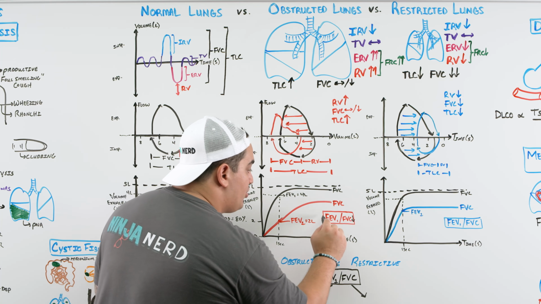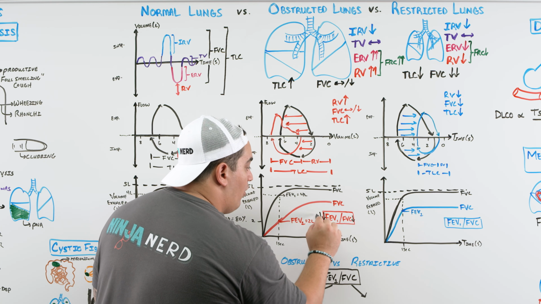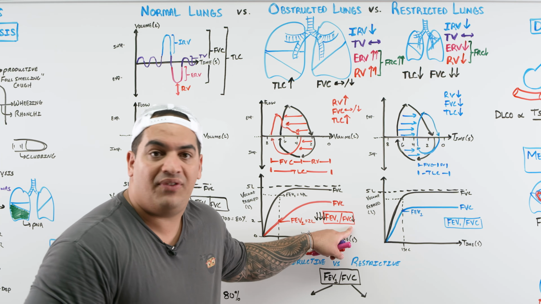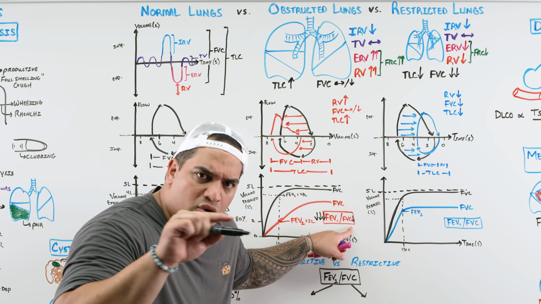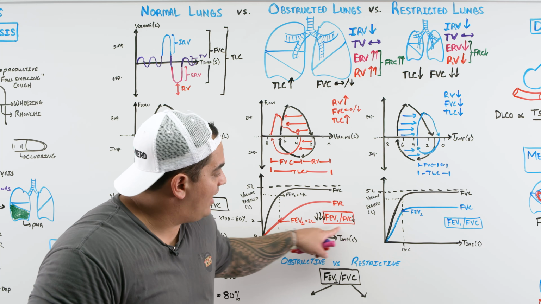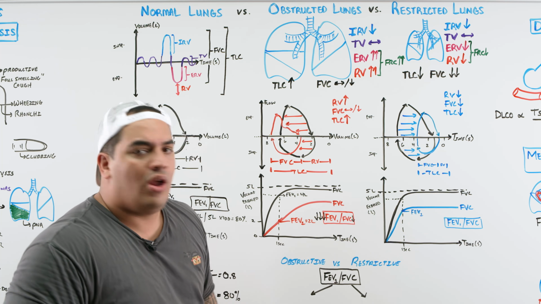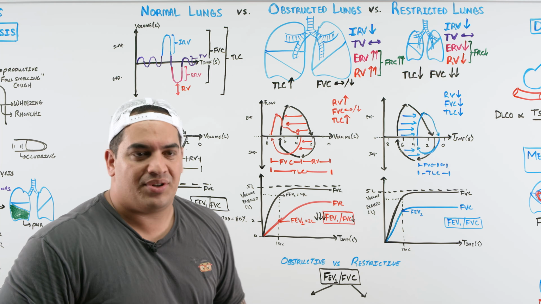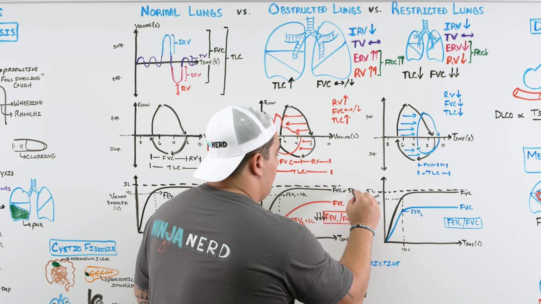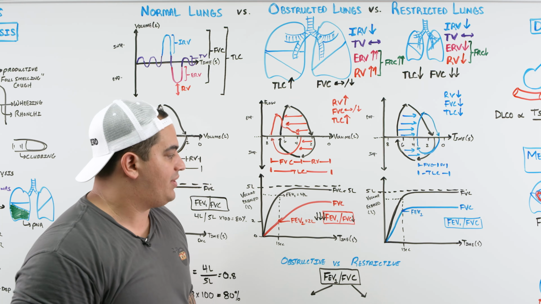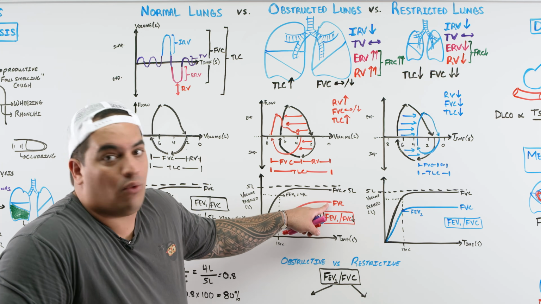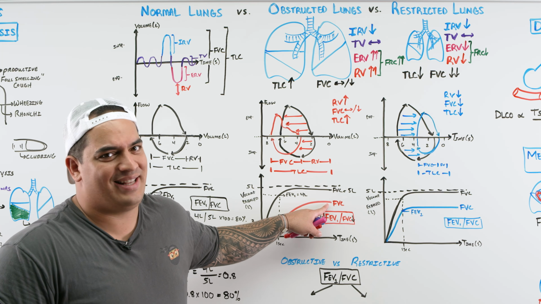So in patients who have obstructive lung diseases, their forced expiratory volume in 1 second is significantly reduced, whereas their FVC can be normal to almost slightly reduced. If that's the case and I take into consideration this ratio, what will I get in comparison to 80%? If a normal FEV1 to FVC ratio was 4 over 5 liters, which was 80%, and I went to 2 and dropped my FVC down, let's say to 4 liters, I'm definitely going to be less than 80%.